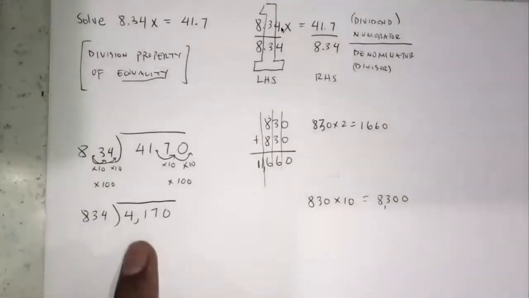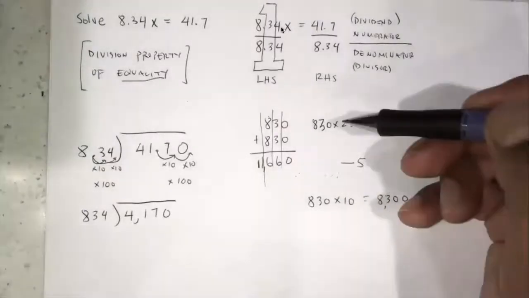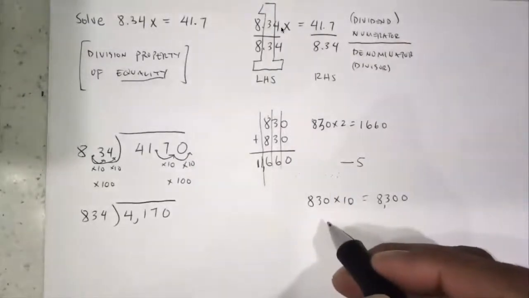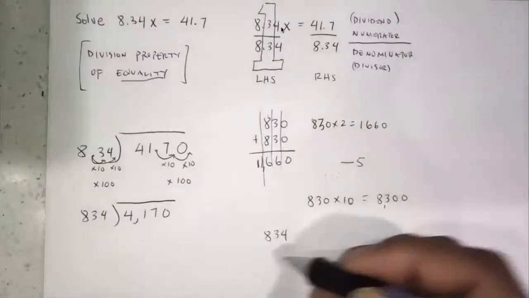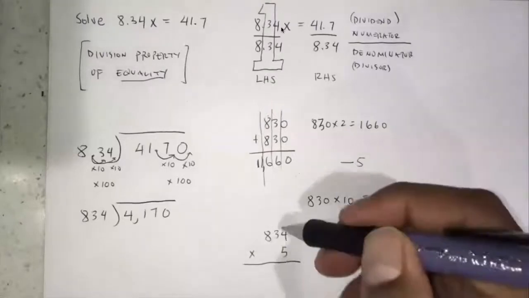Way too big. So I'm going to try a 5, somewhere in the middle between the multiple of 2 and the multiple of 10. So instead of 830, I'm going to multiply 834 by 5. Now I'm trying to hone in on how many times it goes in.